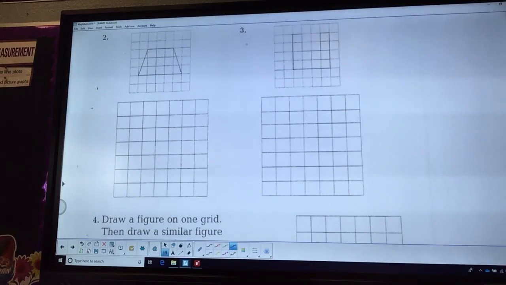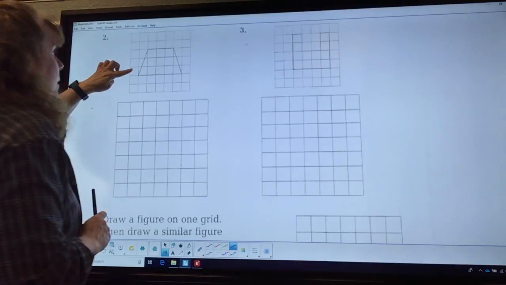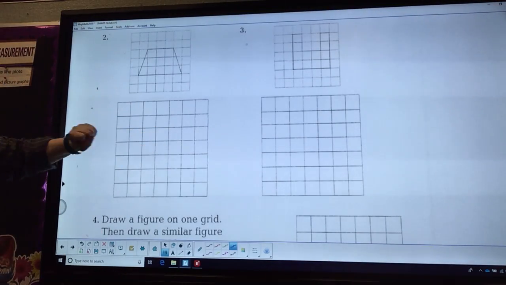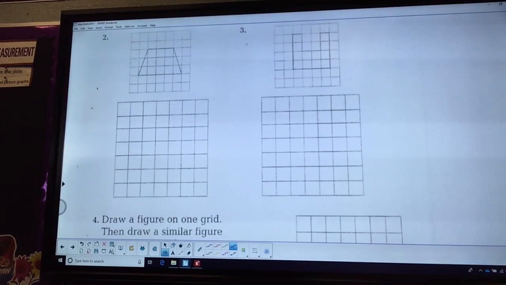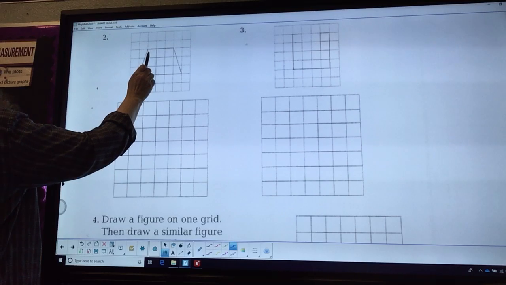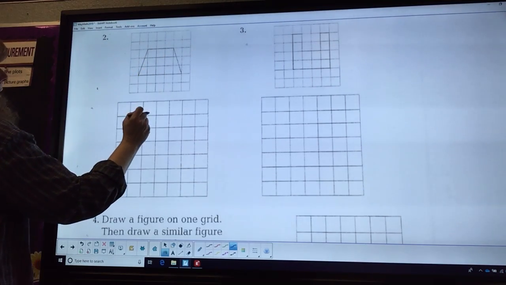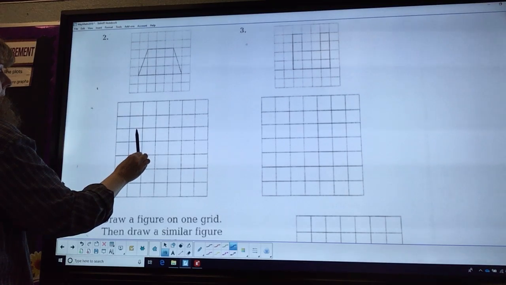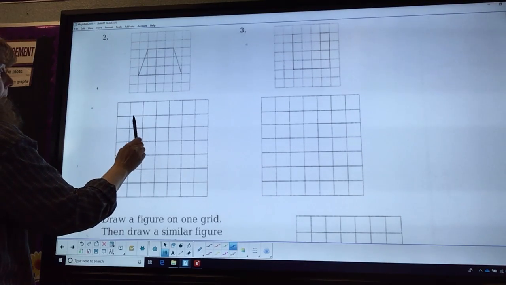Okay, so if you take a look at this one right here, we have a picture of a trapezoid. We're going to draw it down on this one right here, and the easiest way to do that is just start counting. If I look here, I see I have 1, 2, 3 squares, and I'm also 2 from the side, okay, and I'm 2 from the top.